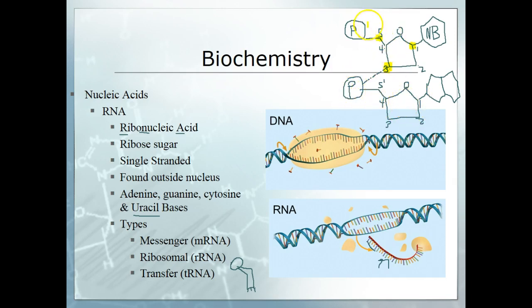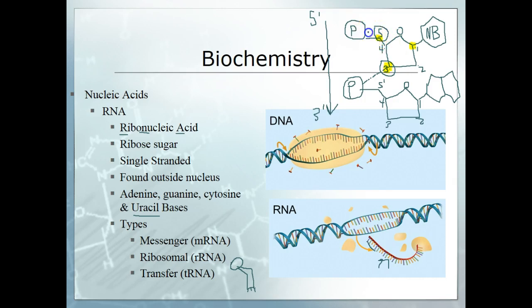The fifth prime carbon is always attached to the phosphate, and so that's going to give us this, like I drew before, this arrow, which means this would be a 5 prime to 3 prime direction, because our 5 prime is our highest prime carbon and our 3 prime is our lowest prime carbon on a particular nucleotide.